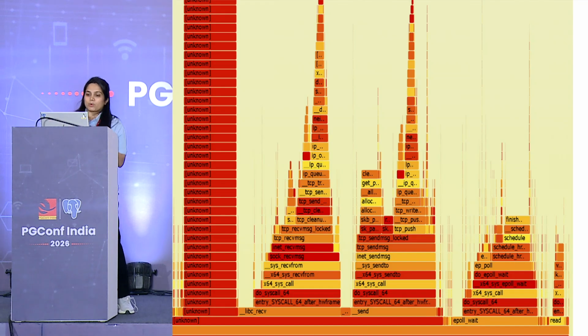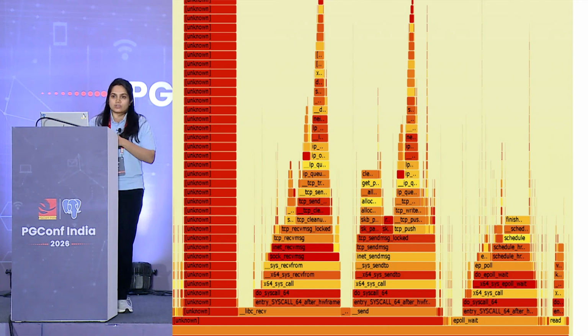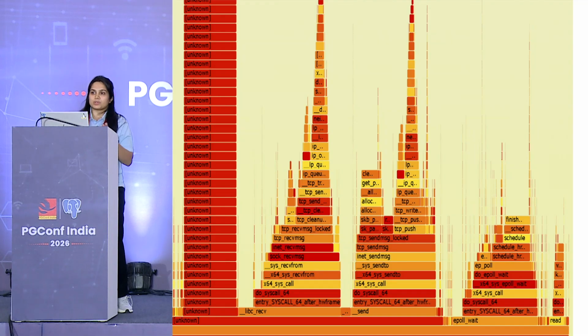But what I want to show on this chart is, you can't see the percentages here, but I have noted down that the percentage of time spent for sending the WAL is about 18.5% of CPU time, and receiving likewise is also 21.79%.